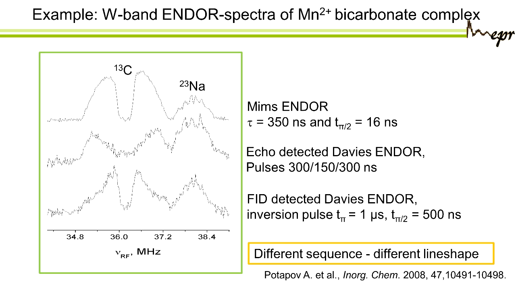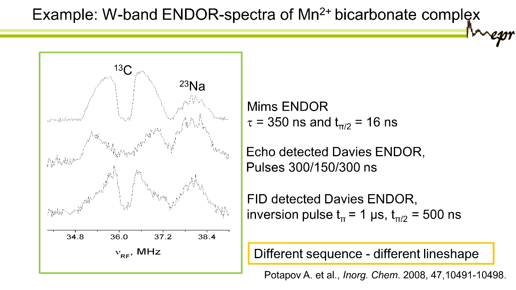This is a Mims ENDOR done at a particular tau that is supposed to be small enough. You see the coupling is about 3 megahertz, and this is the line shape that one gets. And because it was sodium bicarbonate, you also see a signal of the sodium. So you have the manganese coordinated to the bicarbonate, and somewhere there's sodium, and you see the sodium.